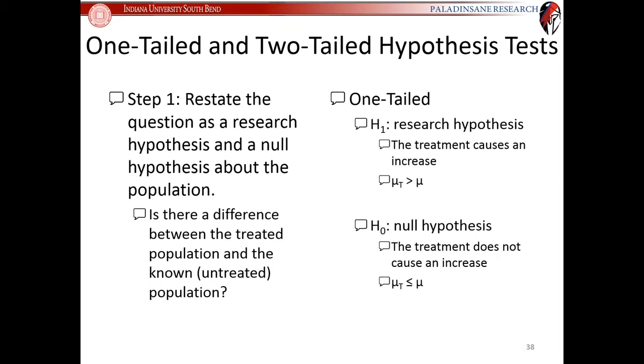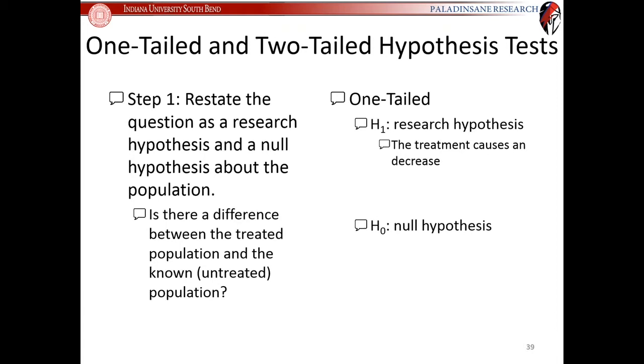Did we increase self-esteem? Did we increase learning outcomes? Sometimes you're interested in the opposite effect. You want to know, did your treatment cause a decrease? This is usually the case for any problematic behaviors. Did we decrease depression levels? Did our treatment decrease OCD behaviors, obsessive compulsive disorder behaviors?